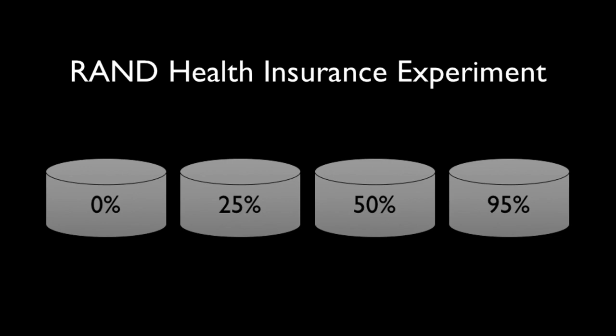So in this experiment, they took the families and they effectively tossed them at random into one of 4 buckets. If you're super lucky, you got tossed into the first bucket where the co-payment rate was 0. That meant that if you went to the doctor, you paid 0% of the medical bill. Some people were randomly tossed into another bucket where their co-payment rate was 25%. Others were tossed into the 50% bucket. Others were tossed into the 95% bucket.